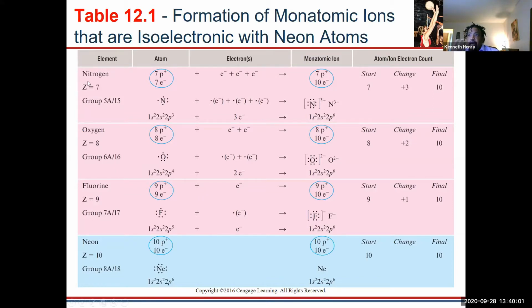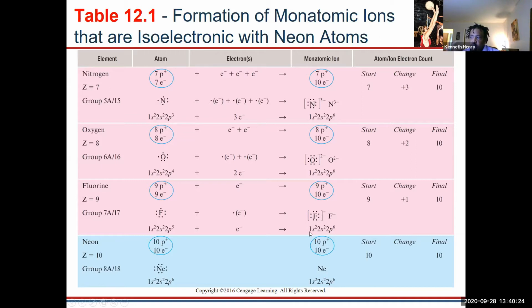Okay, so we had nitrogen. So N3 minus is isoelectronic with neon. It has the same electron configuration as neon, which is 1s2, 2s2, 2p6. Here's neon, exactly the same electron configuration. Fluorine minus, right?